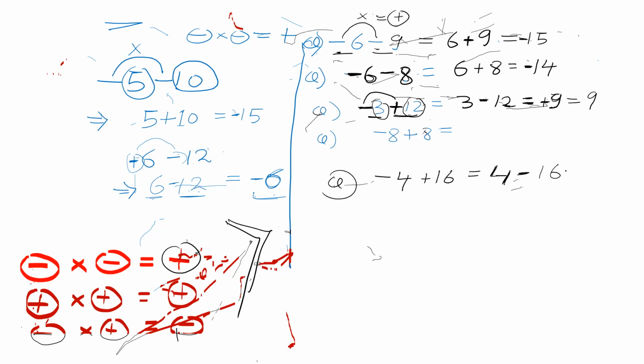Very good. And then we will simply get the value, 12. And then we will see which of the two numbers is greater. Don't look here, if you look here, the answer will be wrong. Look at the basic numbers first. Which one is greater? Obviously 16. So the sign will be that of 16. The sign will be plus 12. Simply we can write it as 12.